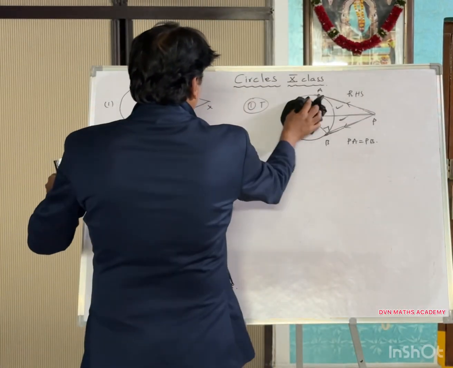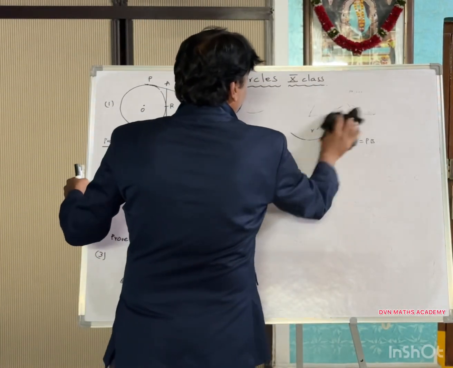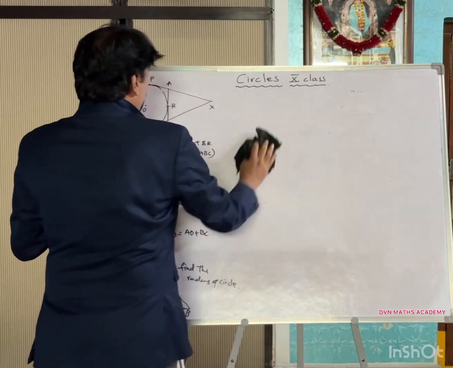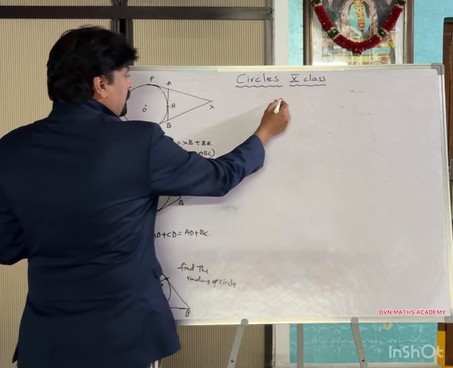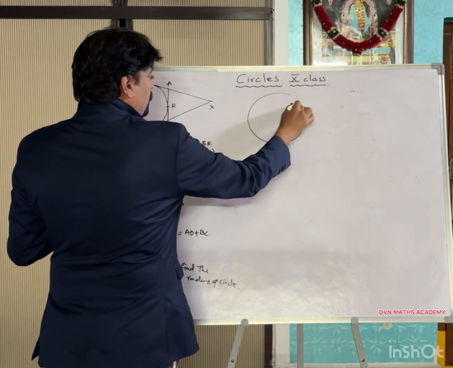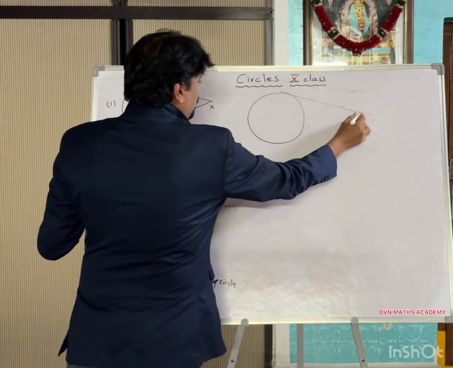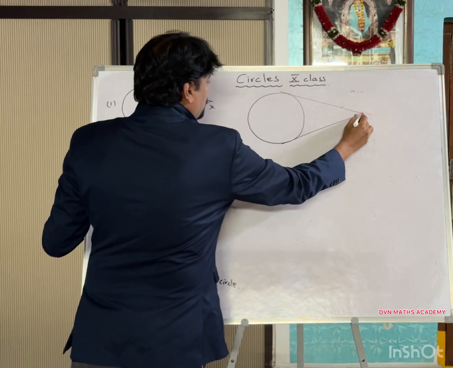For example, in the first question, you see one circle is given, and from an external point two tangents are drawn.